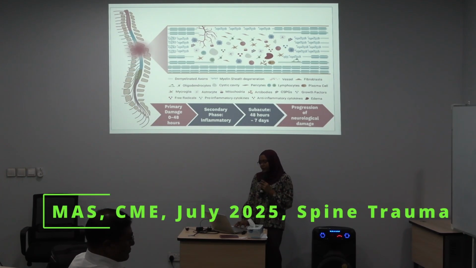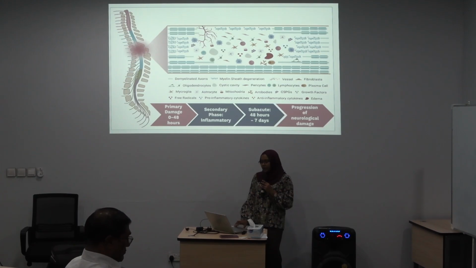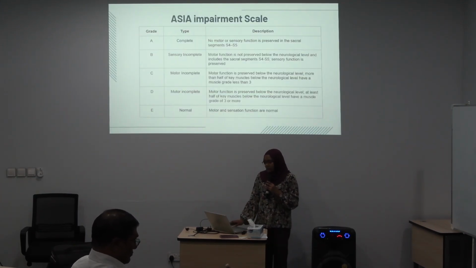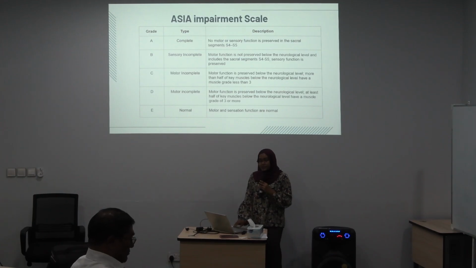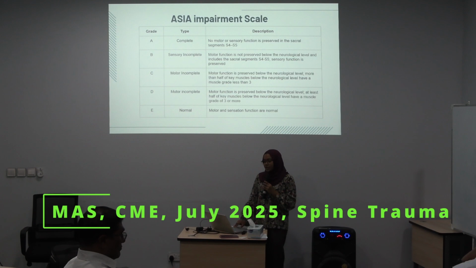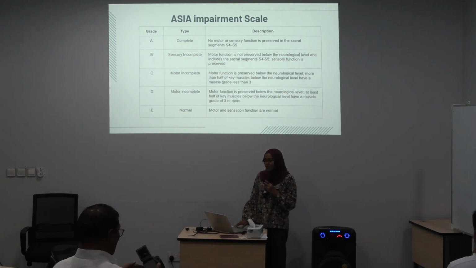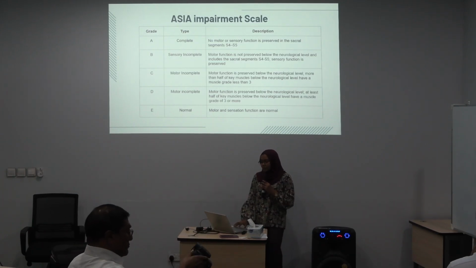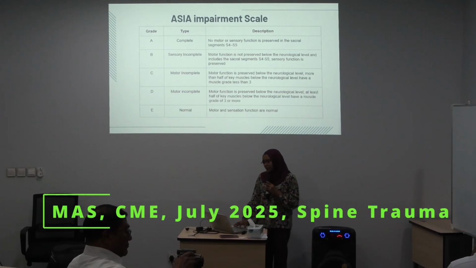Hence it is very important to identify spinal cord injury early and do intervention in order to limit long-term damage to the spinal cord. To assess the neurological level and completeness of spinal cord injury, we use the ASIA impairment scale, in which we grade the injury from A to E. This will help us to determine the prognosis and monitor the recovery of our patients.